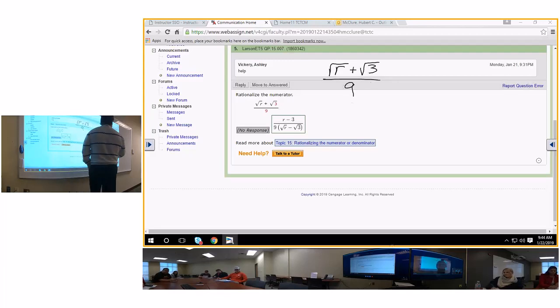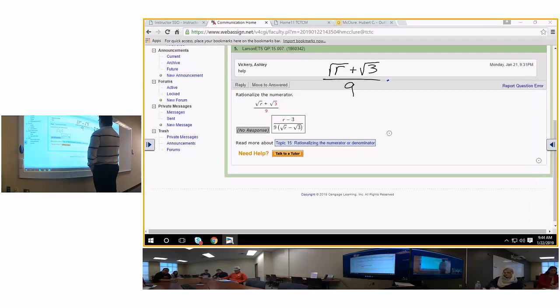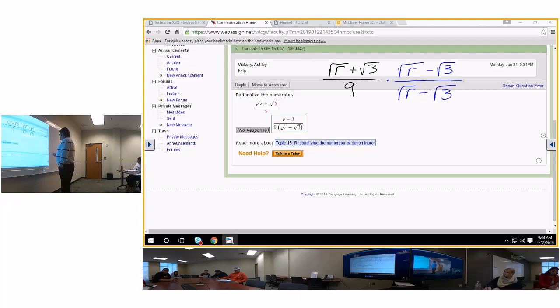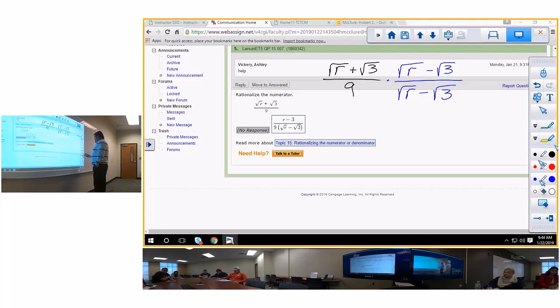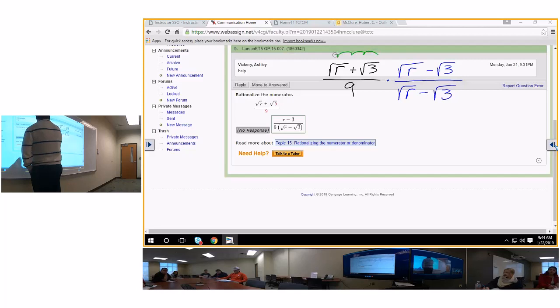I'm going to take my handy dandy blue pen, because I don't like red, and I'm going to multiply by the conjugate, square root of r minus square root of 3 over square root of r minus square root of 3. Of course, that gives us shortcut number 3 on the top, and it will always give you shortcut number 3. That's why you multiply by the conjugate. So I'm going to take my green pen and circle this.